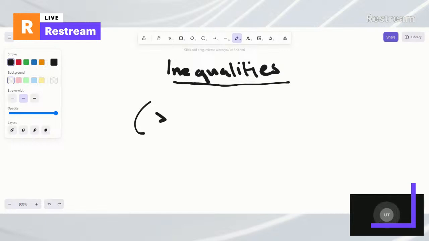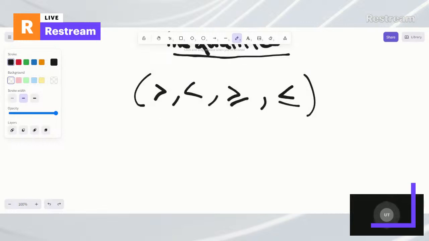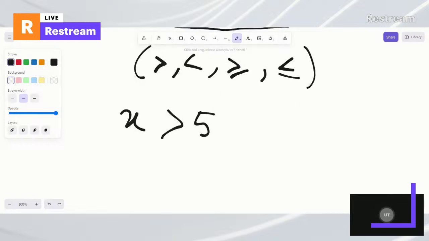You might see this sign. Equals to is not used in this regard; there's something known as this sign or this sign. What do I mean by that? It's very simple: if we have this symbol right here, then x is greater than 5.